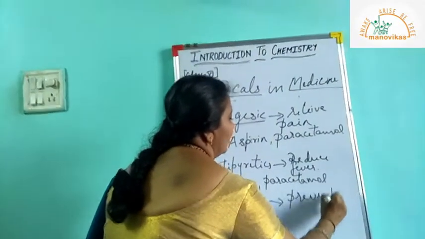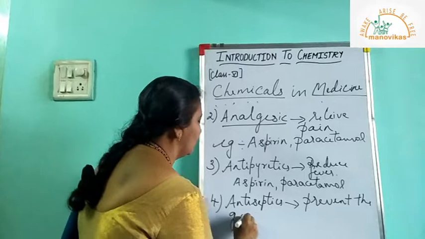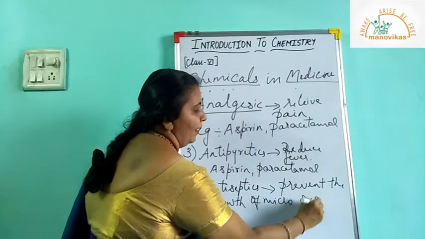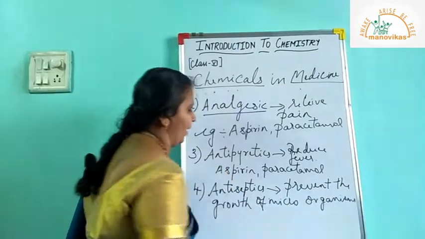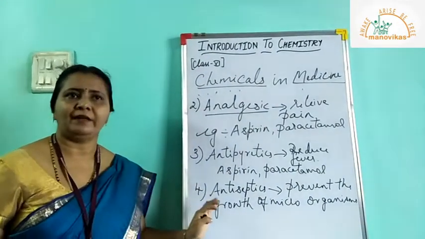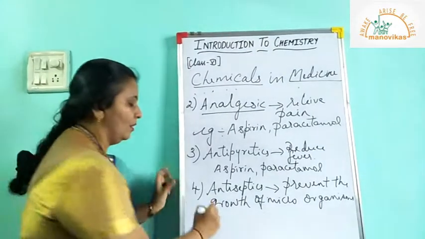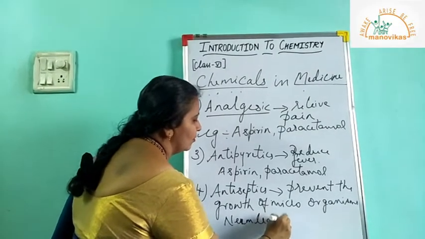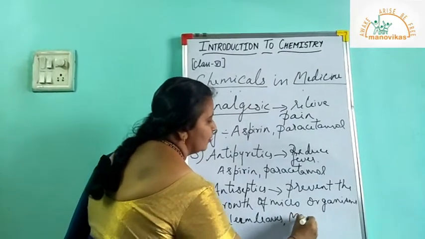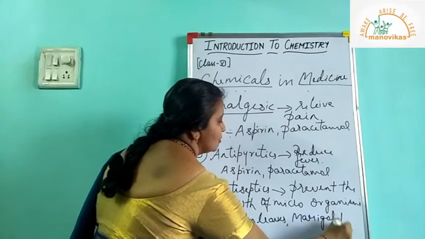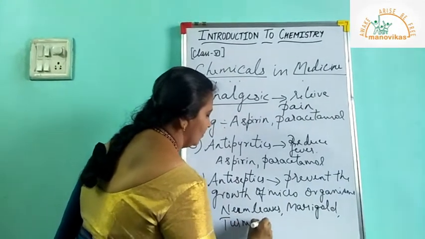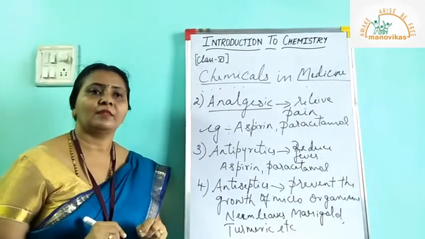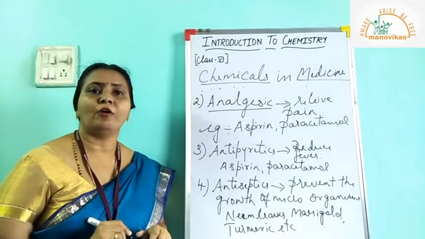Examples of natural antiseptics: neem leaves, marigold, turmeric, etc. A common man-made antiseptic is tincture of iodine.